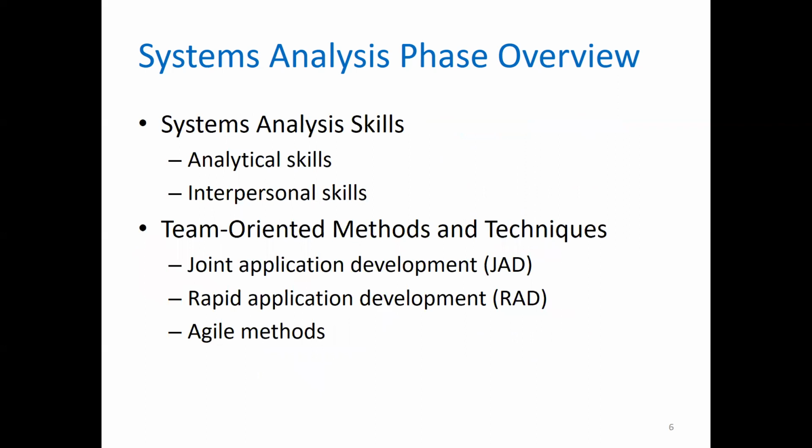System analysis skills. You basically need two major types of skills when you are doing system analysis: analytical skills and interpersonal skills. Analytical skills are the ability to deconstruct information into smaller categories in order to draw conclusions.